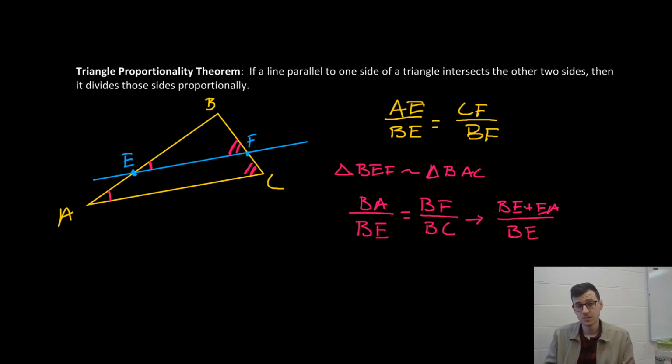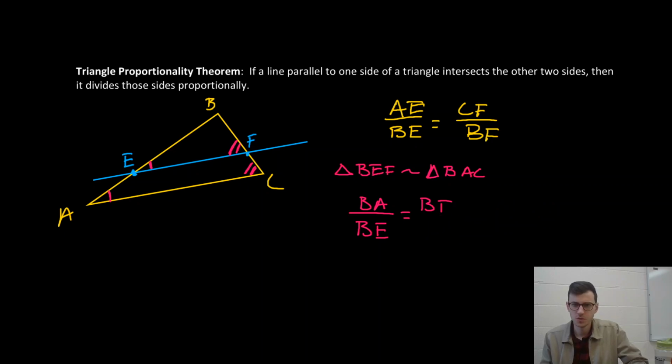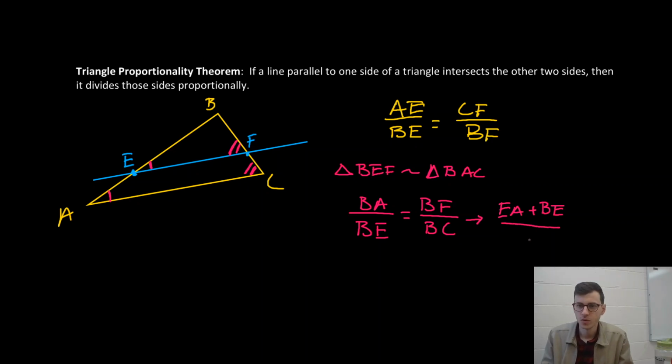Right? And I'm going to write that a different way. What if instead I wrote it like this: EA plus BE over BE equals, and then, sorry, this should be BC over BF.